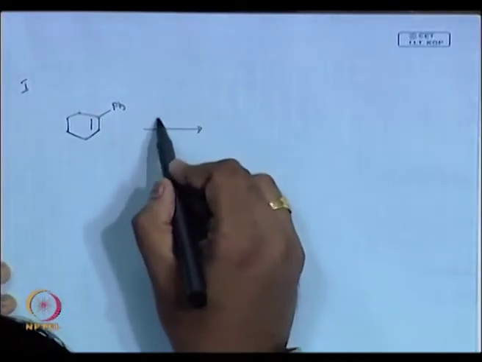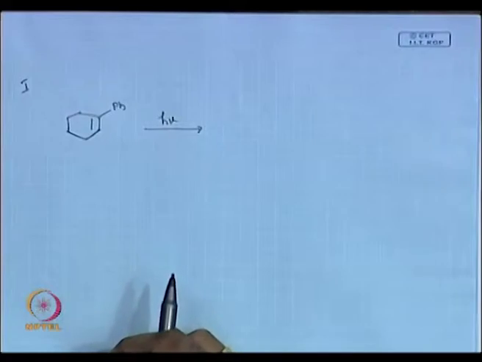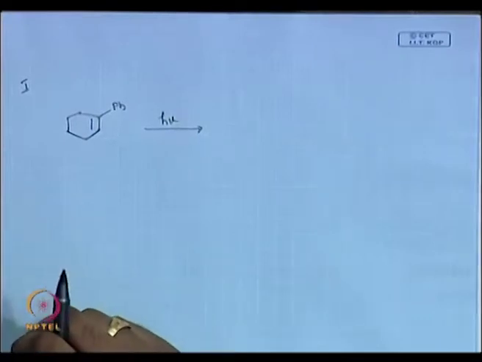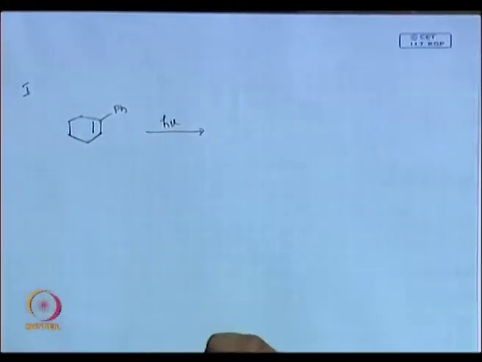Okay, I have a system like this, I photolyze. Now you have to write the trans of it. How do you write it? Can you think about writing a trans form of this? See, the best way is that always keep your double bond linear, in the plane, then draw the rings.